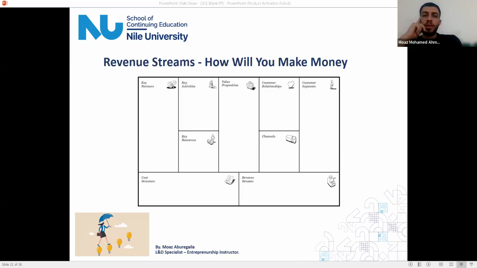Starting with the revenue streams, think about what are the different ways your business will generate revenue, and what revenue models will you use. What are the revenue streams?